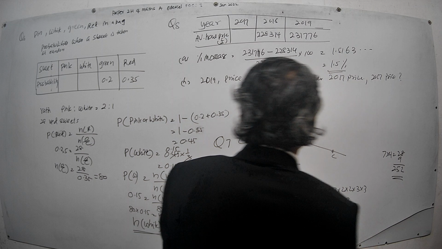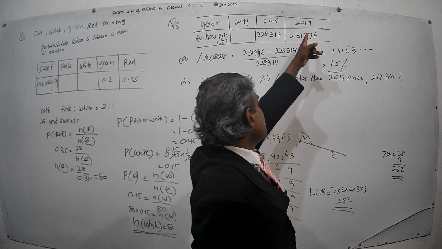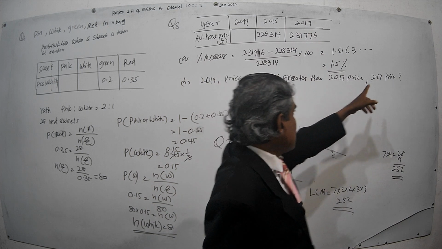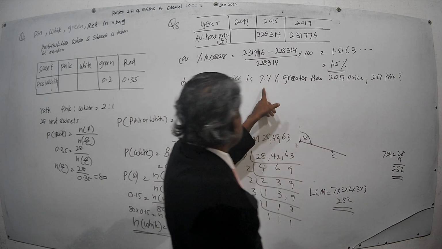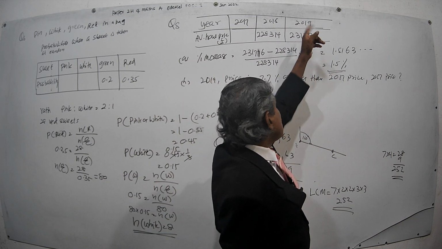How do you do the percentage increase again? The 2019 price means the 2017 price has increased by 7.7% to become the 2019 price.